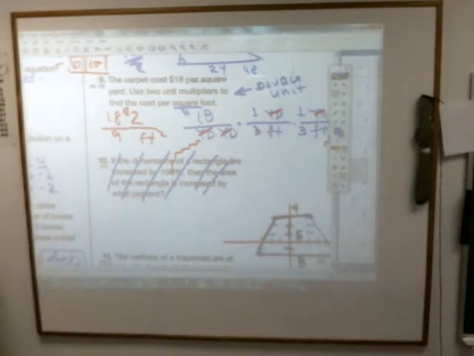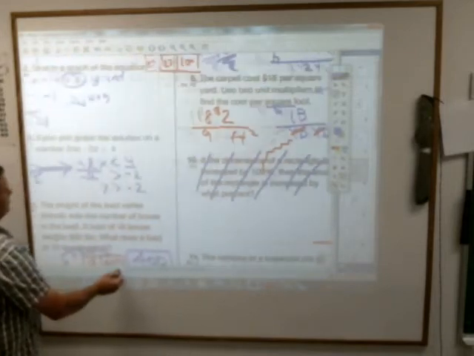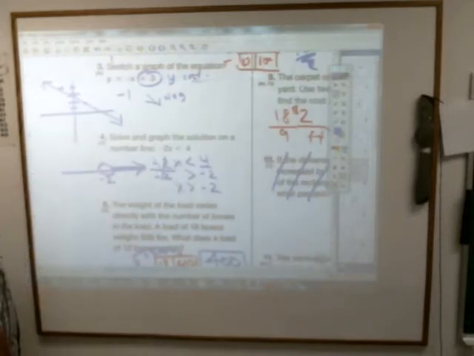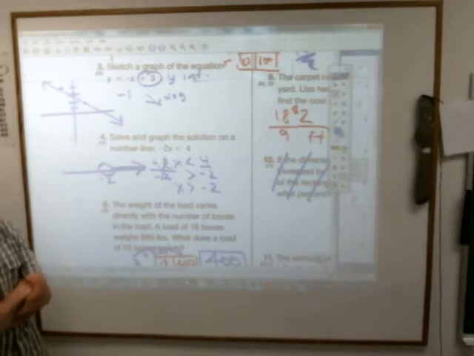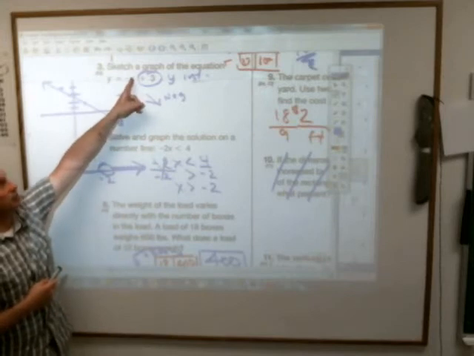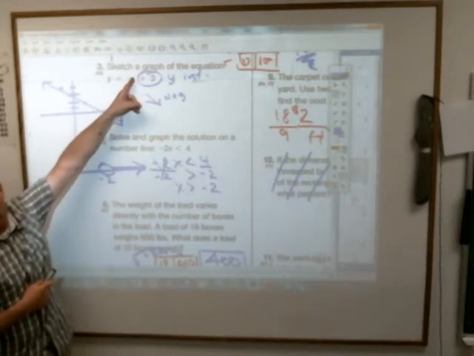Don't lose focus, kids. For 3 and 4, I have questions. For 3, the +3 you circled, you have to go up first. That's where it crosses the y-axis at 3. The slope is really the number in front of the x, which you're worried about.